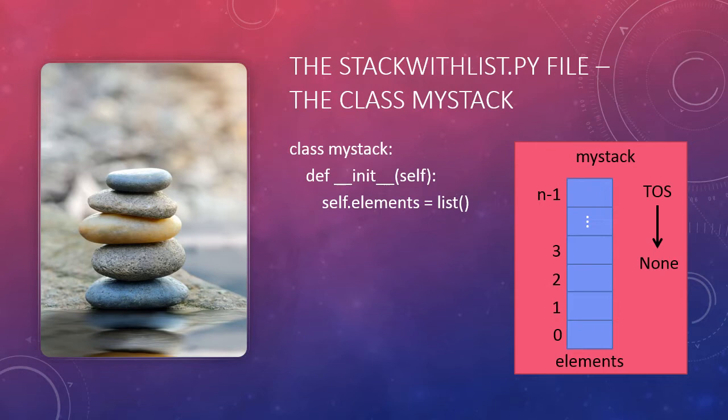Top of the stack is not pointing to anything because there is no element to point to. And the creation of this object, the init function, is O(1) because every time that you create the elements list, you reserve 72 bytes in memory. That takes a constant time. So the init function takes a constant time.